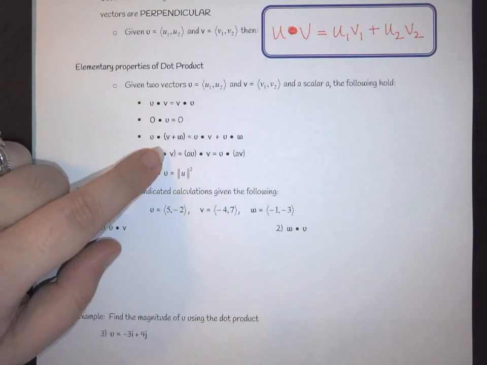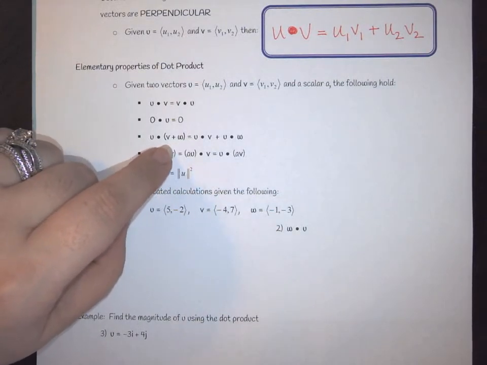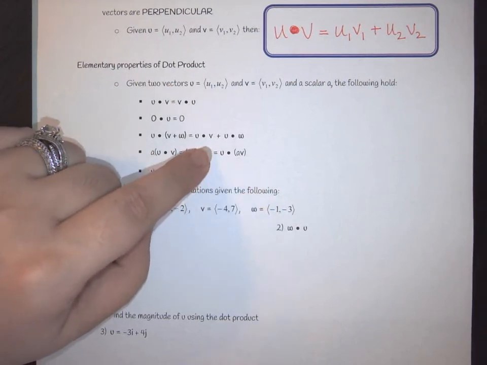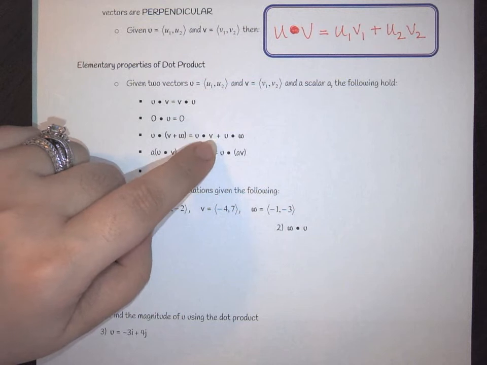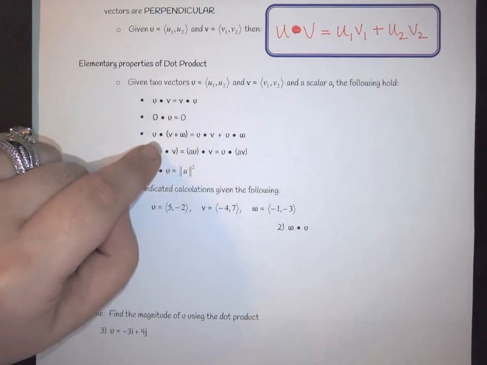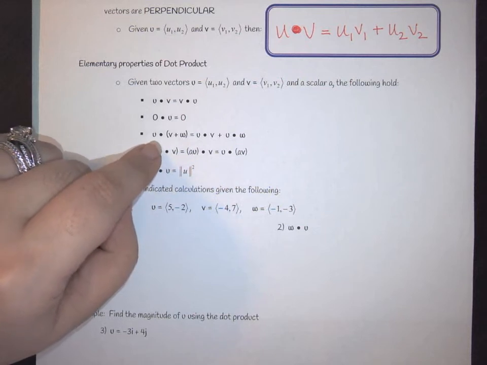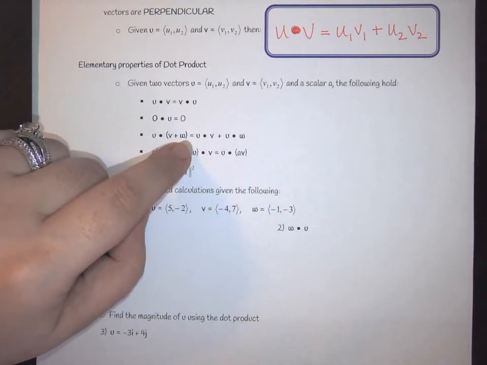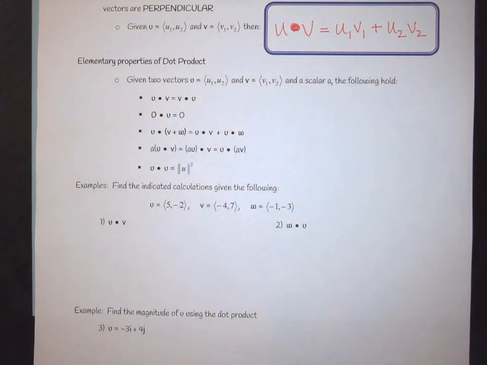Now if you take one vector and use the dot product with the addition of two other vectors, then essentially you're using the dot product of the first vector and the first term, plus the dot product of your first vector and the second term, the u plus the w. So what we're doing essentially is treating the first term almost like a scalar term.